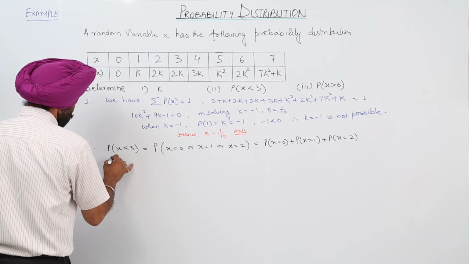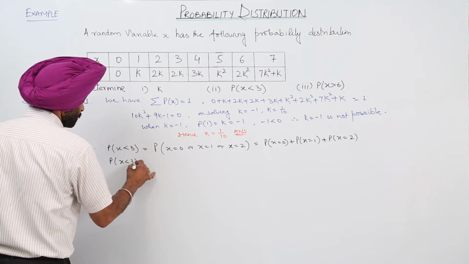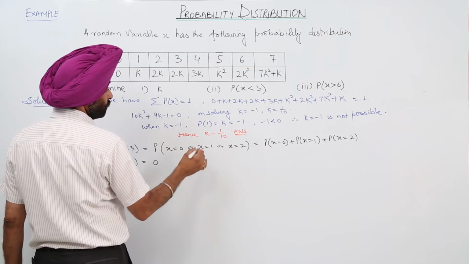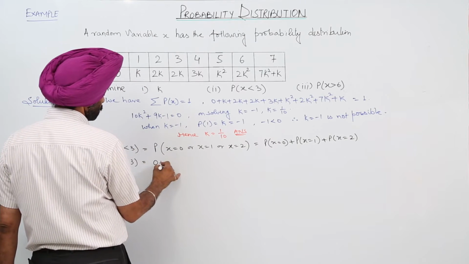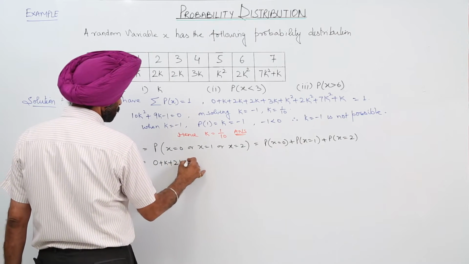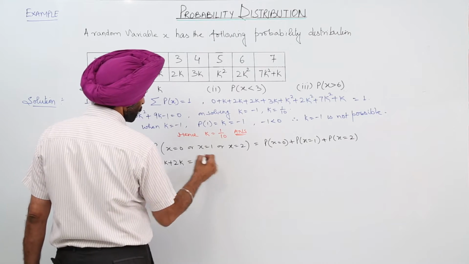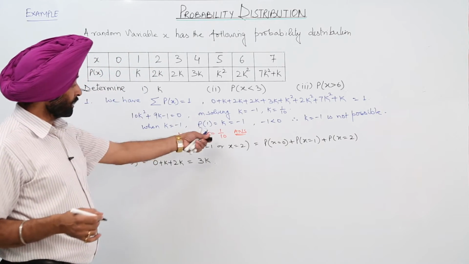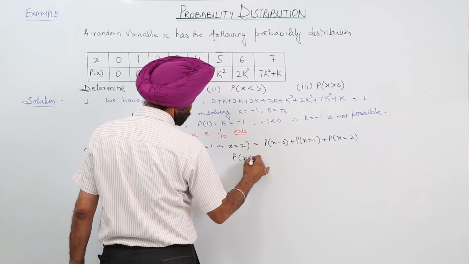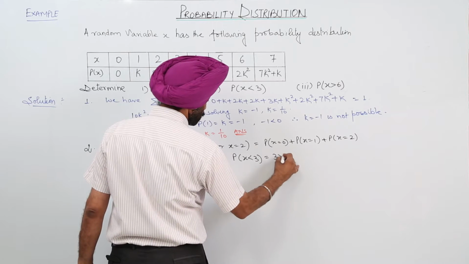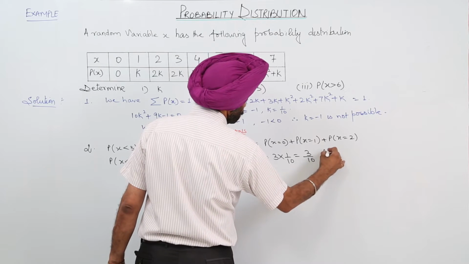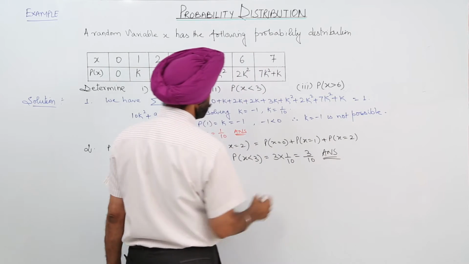Now, P(x less than 3): when x is 0, it is 0, when x is 1, it is k, and when x is 2, it is 2k. So this becomes 3k. Now, substituting the value of k from part 1, P(x less than 3) is equal to 3 times 1 upon 10, that is 3 upon 10. This is the answer 2.